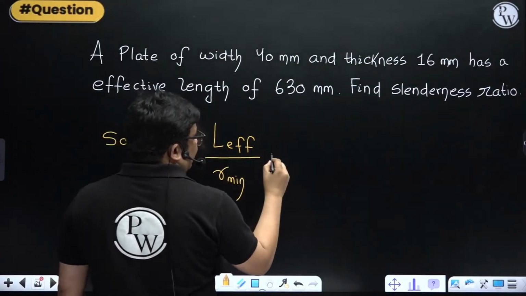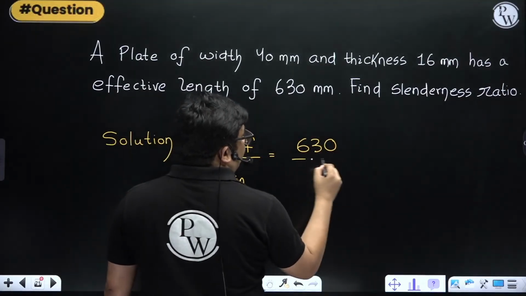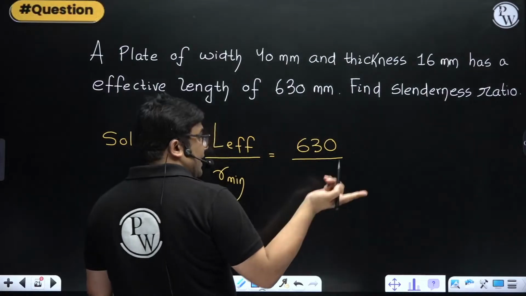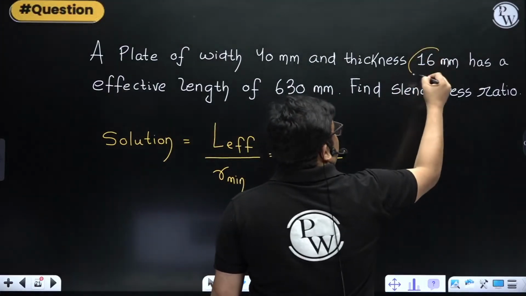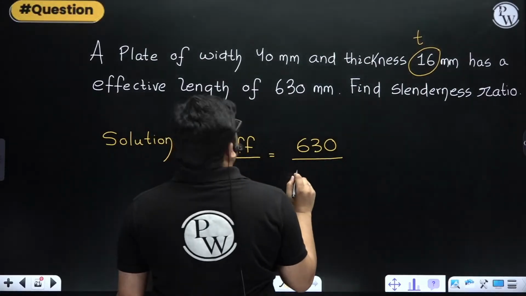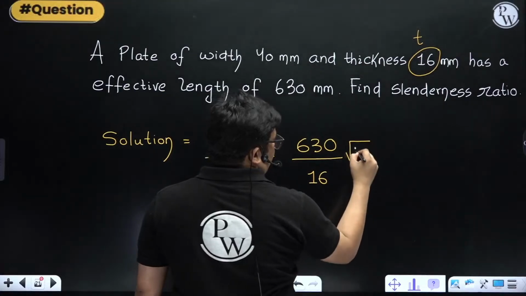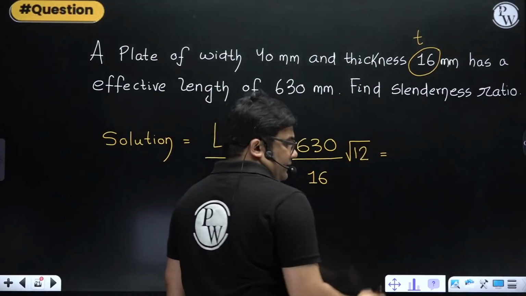And L effective is anyhow given, 630. And what is R minimum for a plate? We have seen t by root 12, and this is t, which is 16, so 16 by root 12. So this is the slenderness ratio.